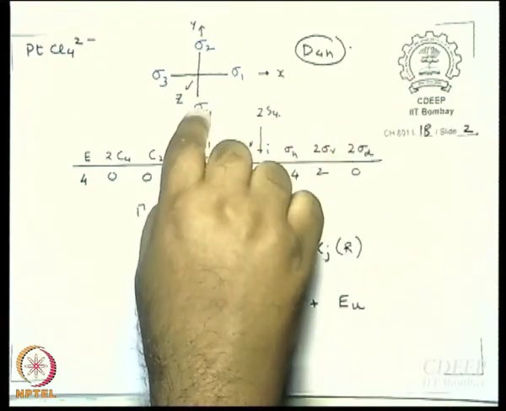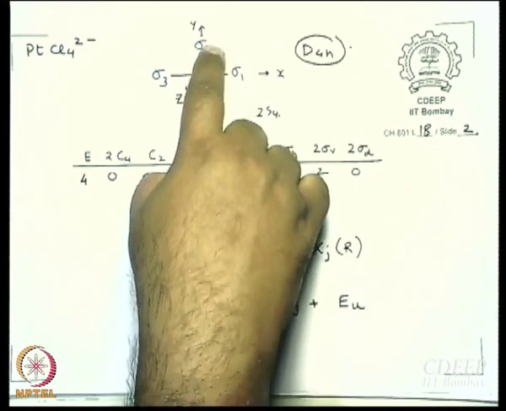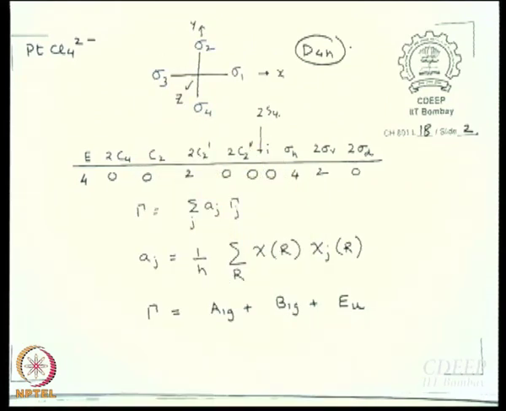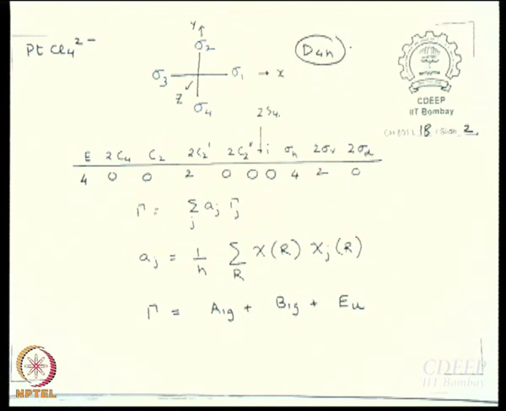The way we have drawn it, this is your platinum, and sigma 1, sigma 2, sigma 3, sigma 4 are 4 s orbitals that chlorine atoms use for sigma bonding or dative bonding, whatever you might want to call it. This is the x direction, this is the y direction, z direction is pointing towards you.